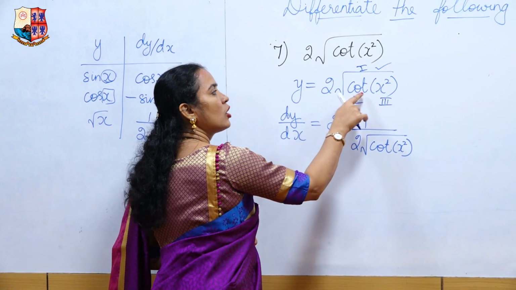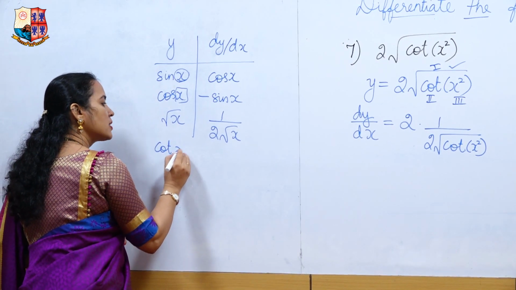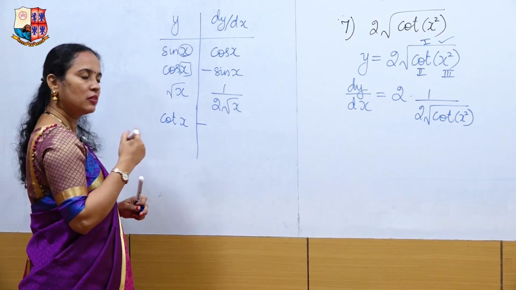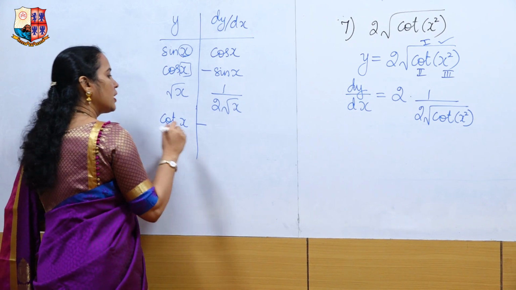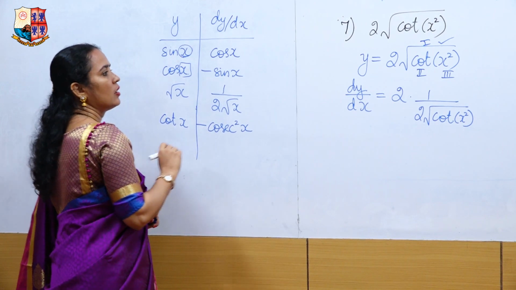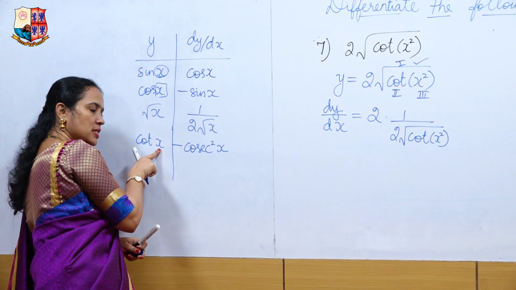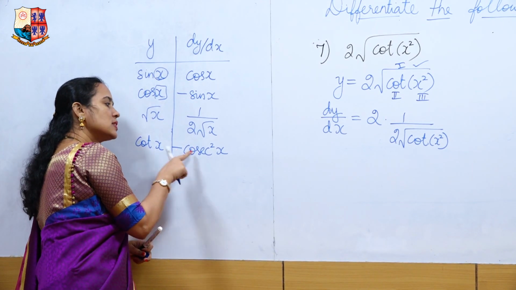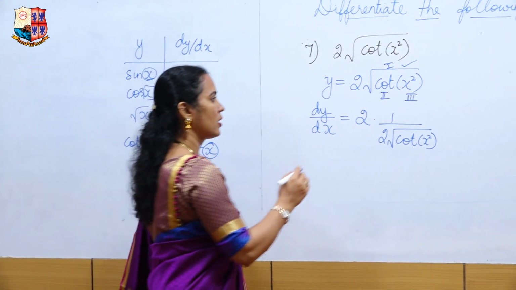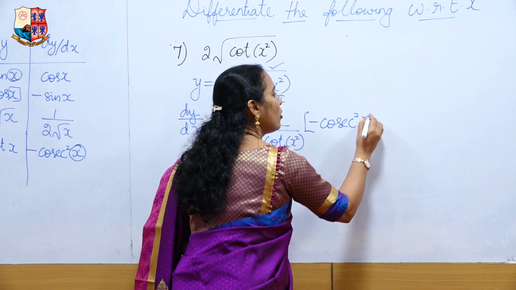Go for the second, cot. When you differentiate cot x, remember c function on differentiating will be negative. So cot x will be minus cosecant square x. So here cot of x square will be minus cosecant square of, in the place of x you will write x square. So we will write it in the bracket, minus cosecant square of x square.